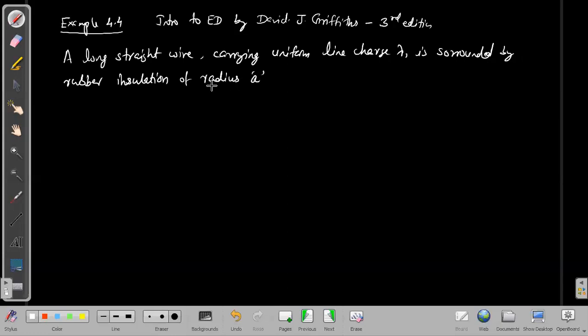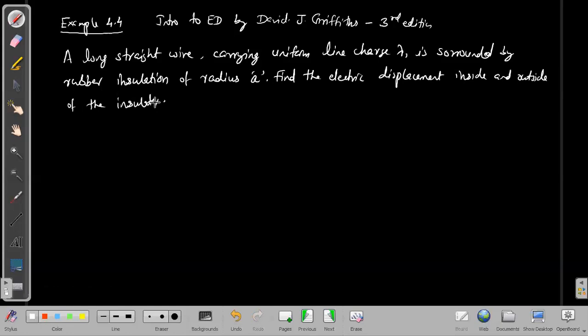Find the electric displacement inside as well as outside of the insulator. Okay, so better I will draw this problem.